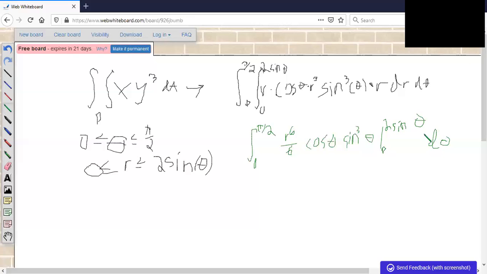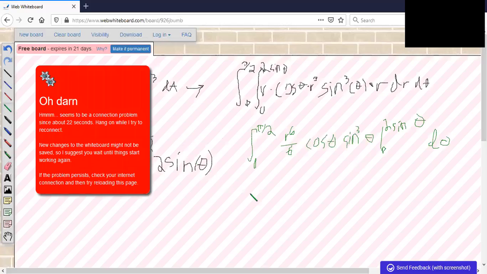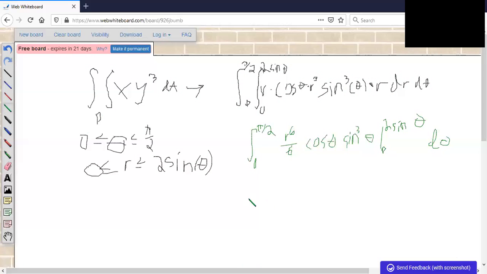So plugging in 2 sine of theta for r, we get 64 sine to the 6th of theta. Good.